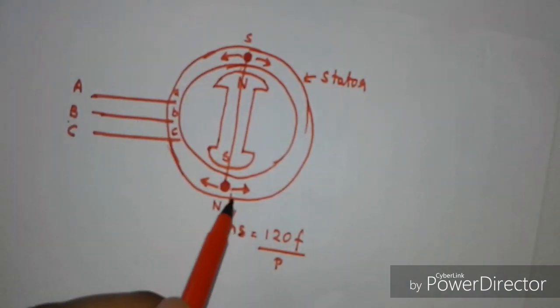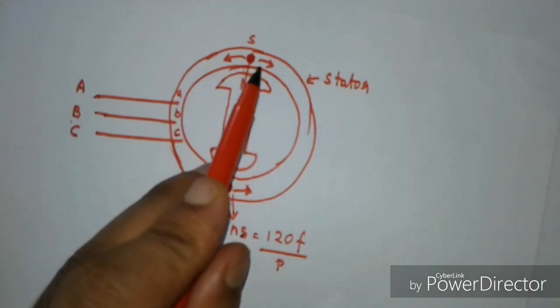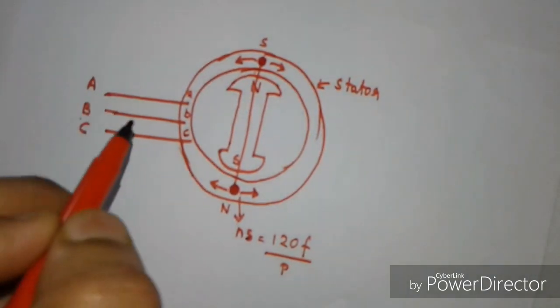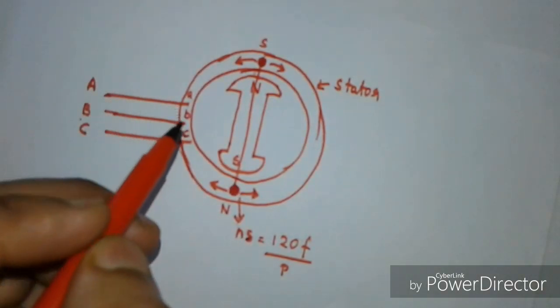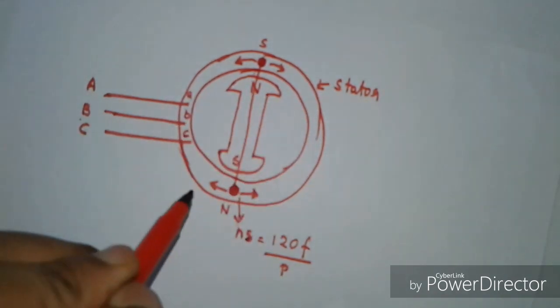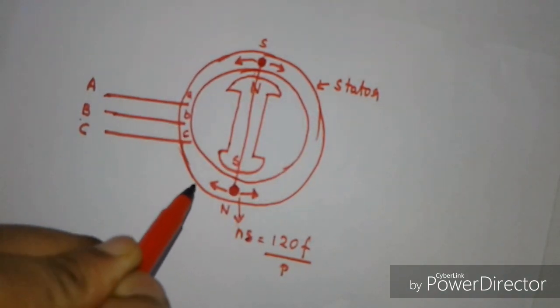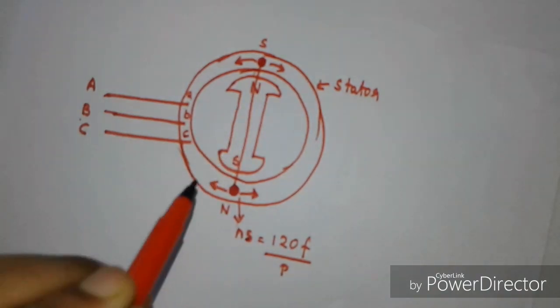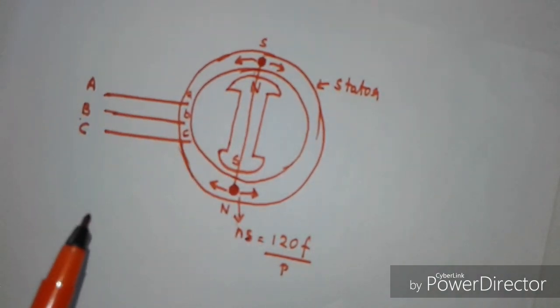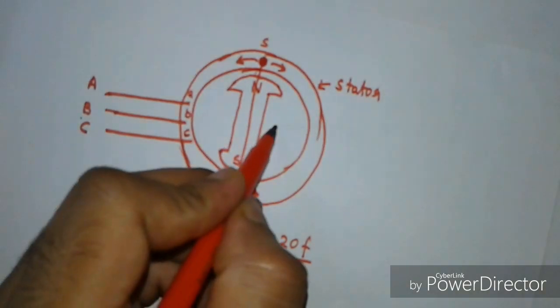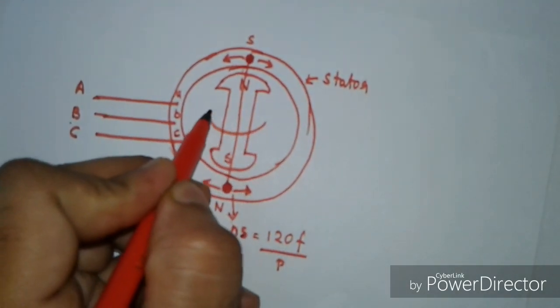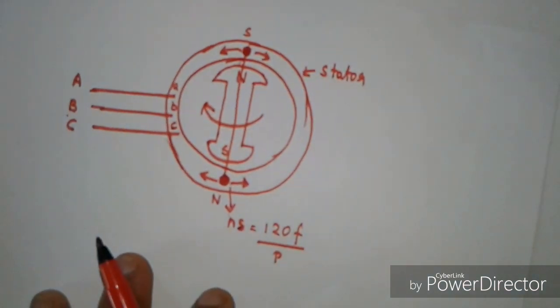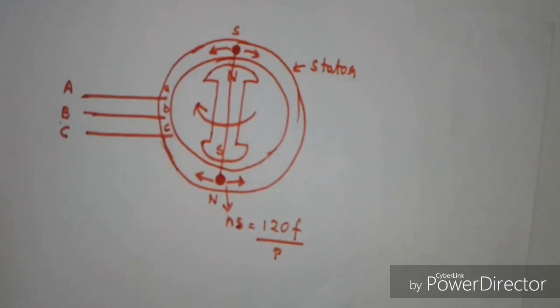Now as the dumbbell, that is the stator generated magnetic field, is rotating, by magnetic attraction it is also going to pull the rotor poles along with it, and as a consequence the rotor is going to rotate along with the stator magnetic field.